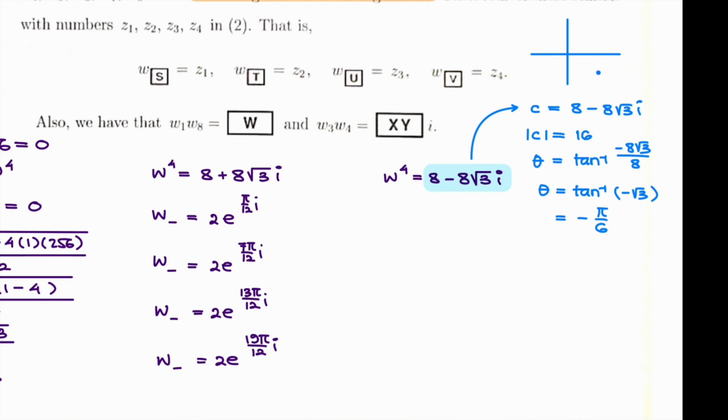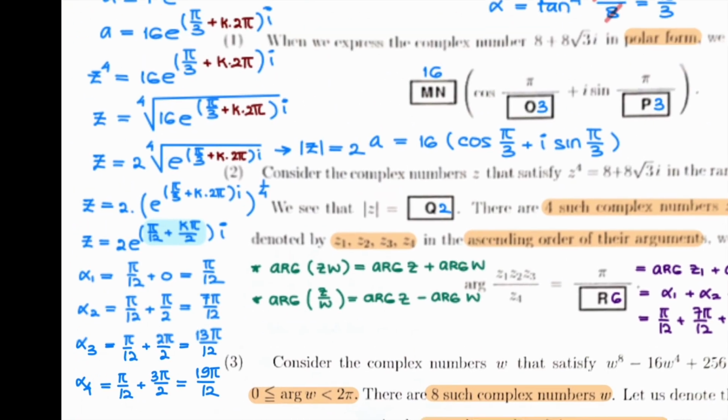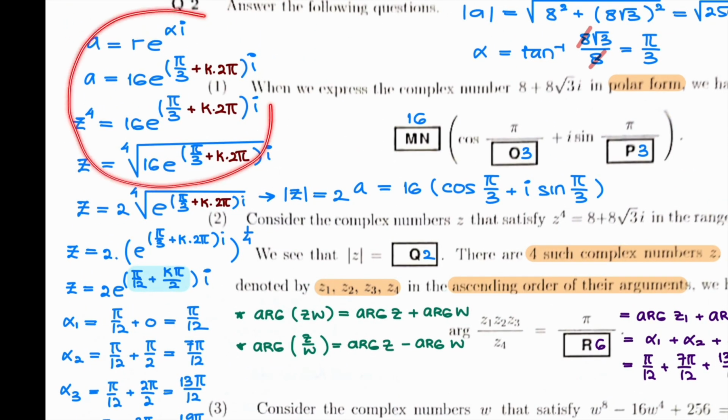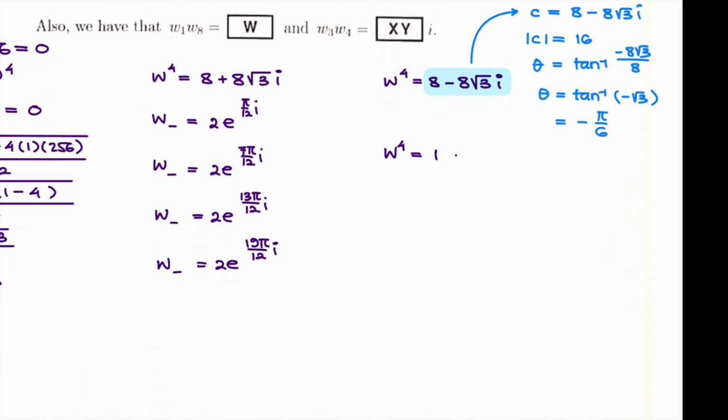Okay, once you get the argument of C, you can write down W to the power of 4 the same as this one. You have 16e to the power of negative pi over 3 plus k times 2 pi i.